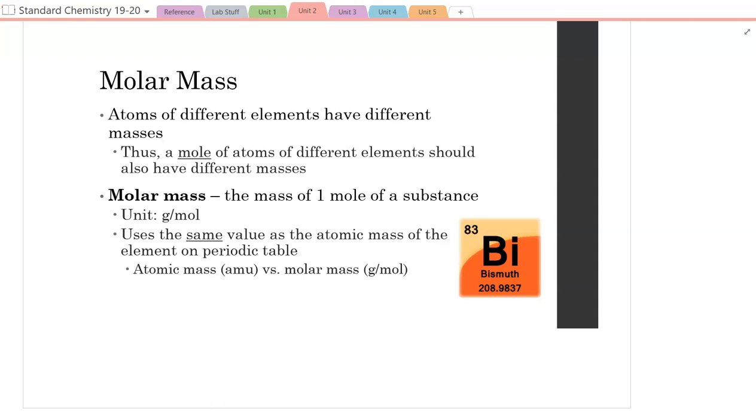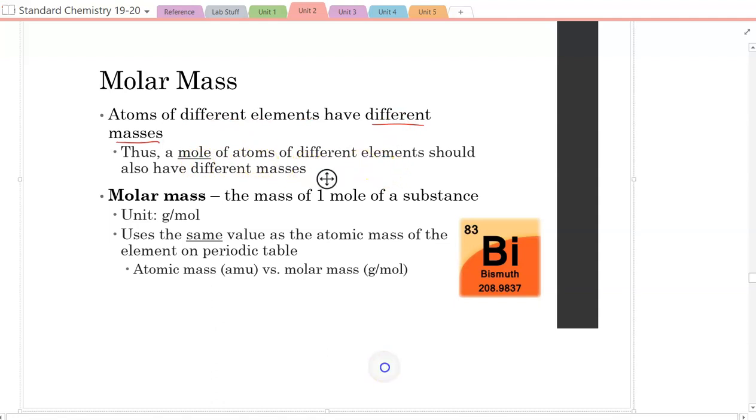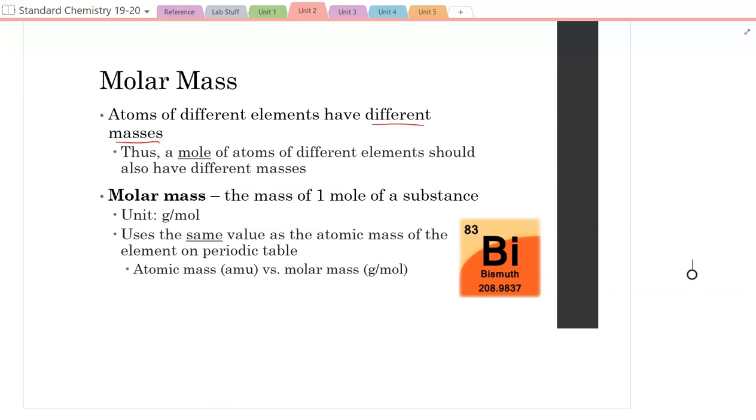Since atoms of different elements have different masses, we can use very specific defined things that we've come up with as scientists a long time ago. If atoms of different elements have different masses, then a mole of atoms of different elements, so lots and lots of atoms, should also have different masses, right? If I have 2 atoms of nickel, that's going to have a different mass than 2 atoms of oxygen.